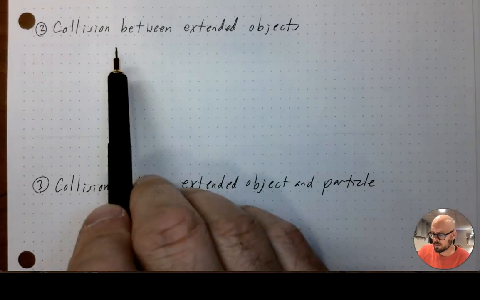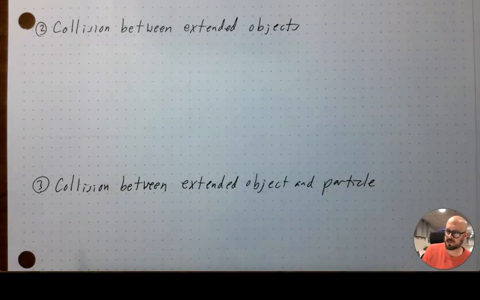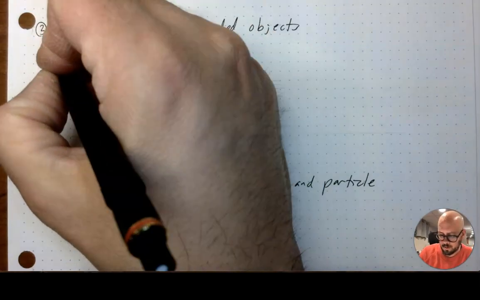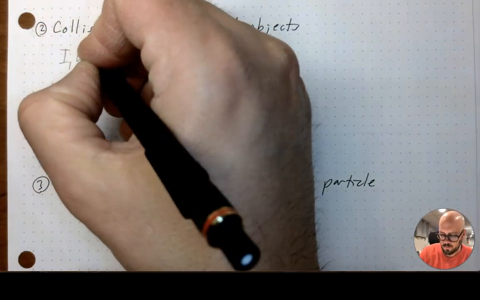So collisions between extended objects is something that for most of us is just going to happen in physics class. It's hard to see a lot of these examples in play when you have two rotating objects that are going to collide. But we would write a very familiar expression for conservation of momentum.